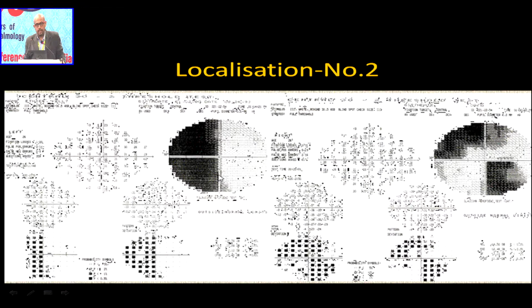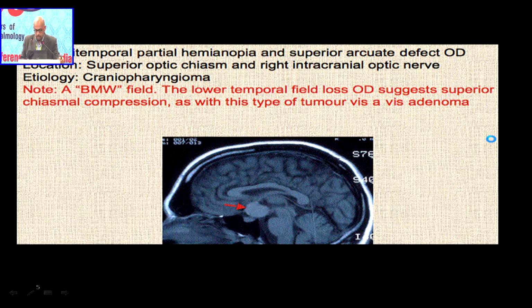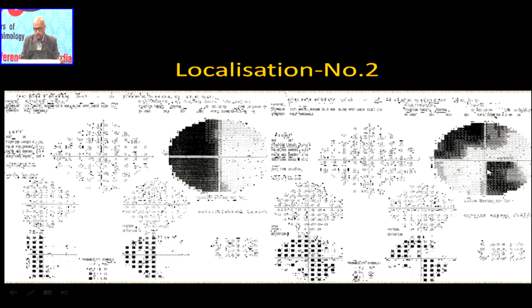Everybody agreeing to that? Okay, now this is a right eye. What do you see in the right eye? You see some defect here superiorly and some defect inferiorly. So let's for a moment ignore this defect. We are ignoring a superior defect and we are only concentrating on inferior defect. So again, is the inferior defect of the left side respecting a particular line?